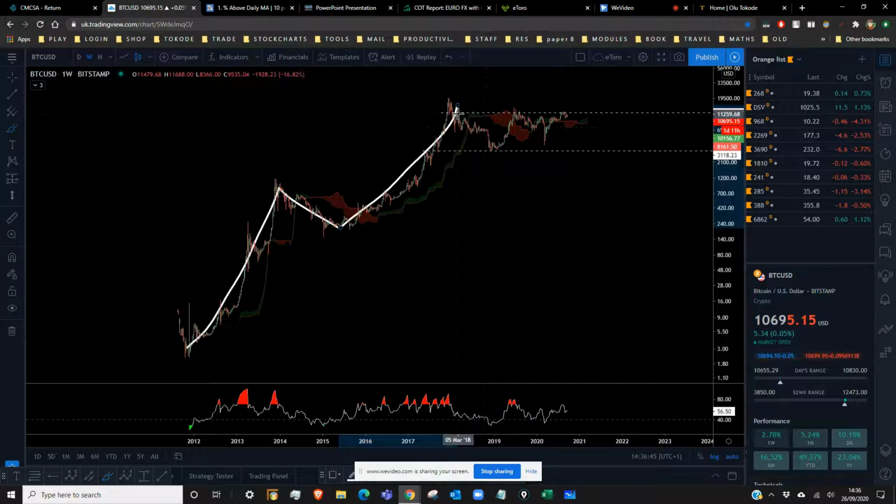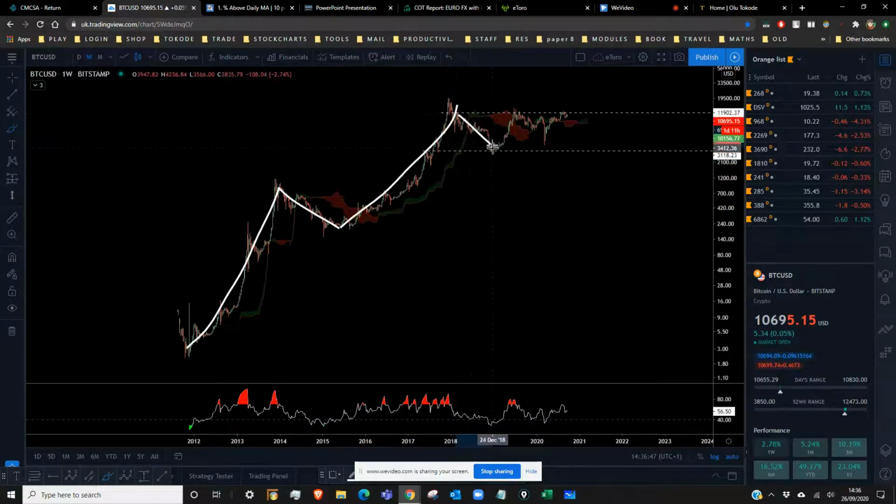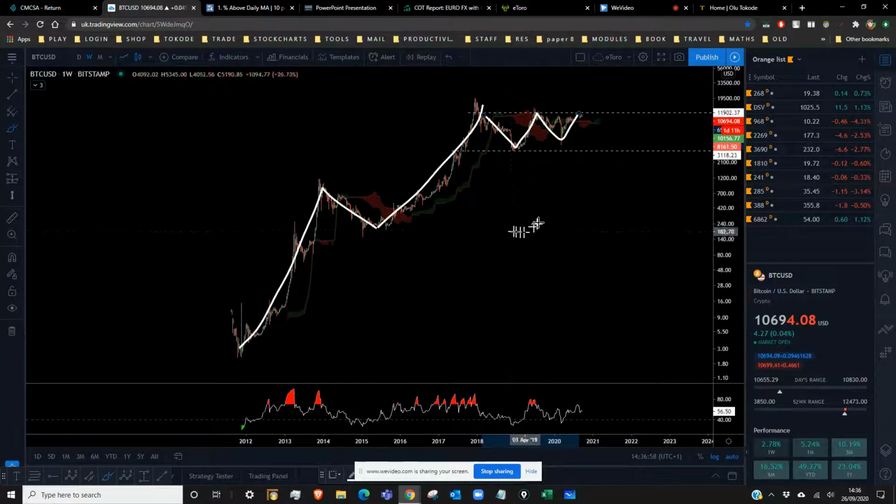This is a downtrend. It bounces, goes back up, retests resistance, comes back down, and goes back up. So since 2018, price has not closed above 13,000.